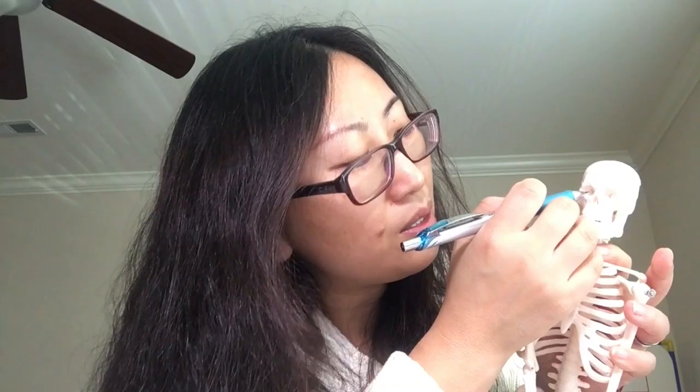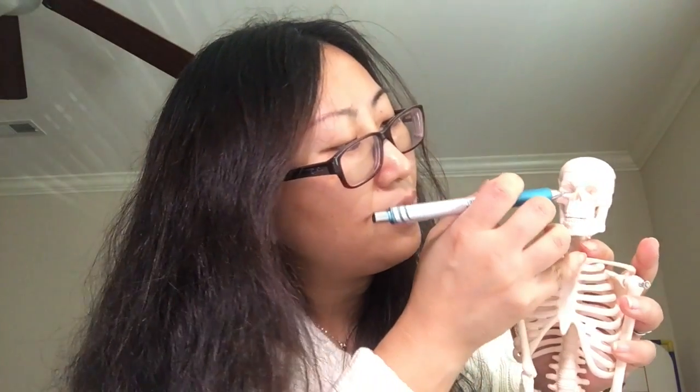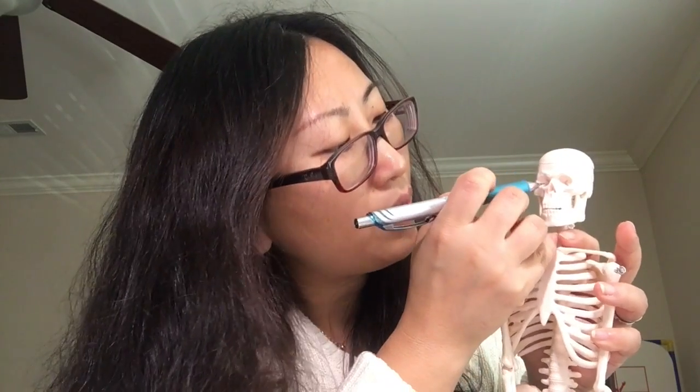In the orbit, we have two features. One is on the back, kind of pointing that way, which is called the superior orbital fissure. And then the one that goes that way, on the end of it, is called the inferior orbital fissure.